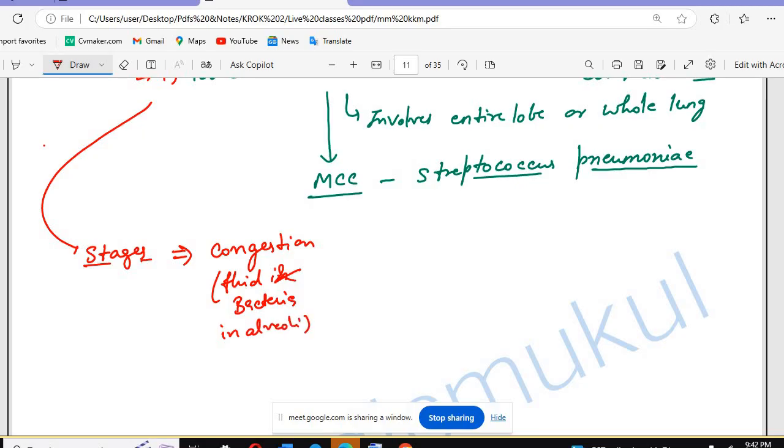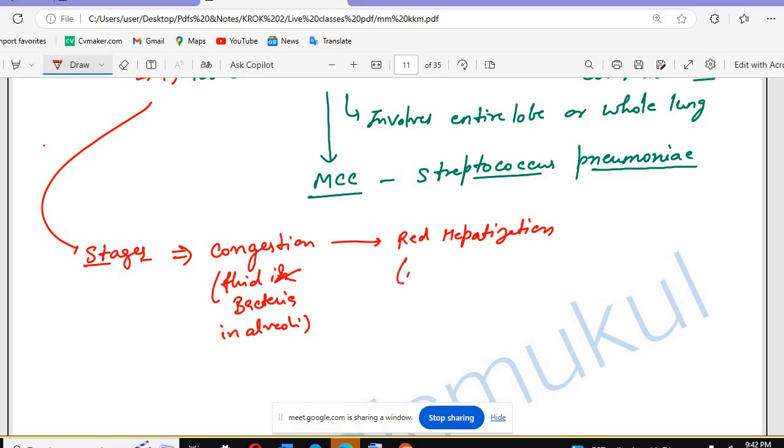After the congestion, you are going to see the red hepatization. Don't just memorize the stages, but understand what is occurring in lobar pneumonia. Red hepatization means RBC, red for RBC.